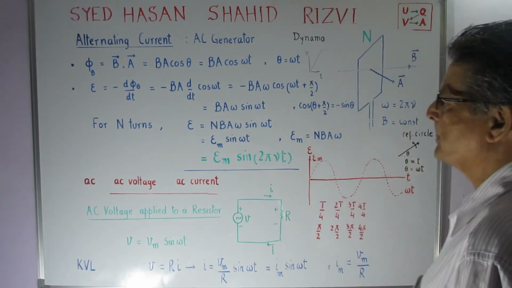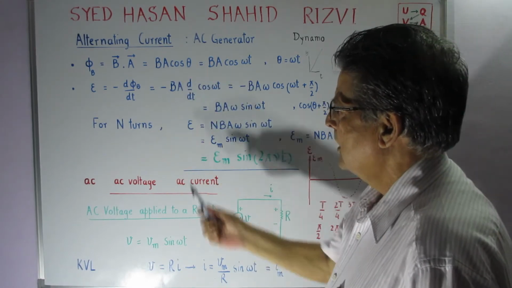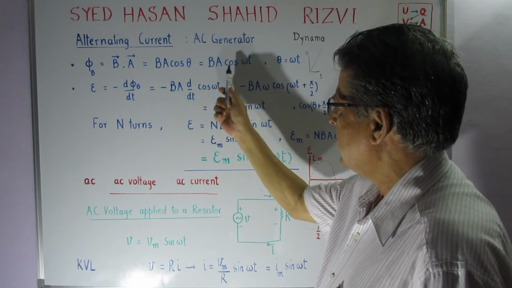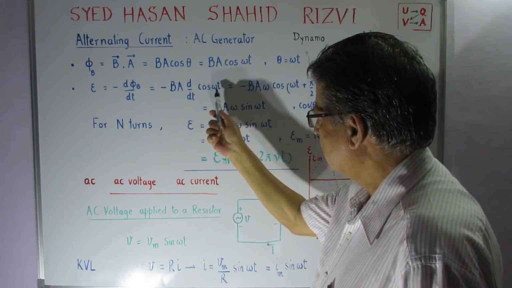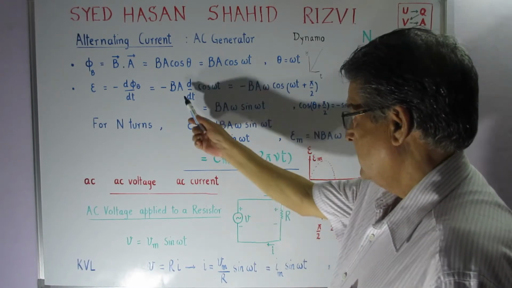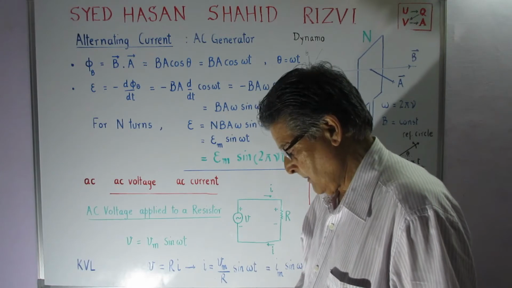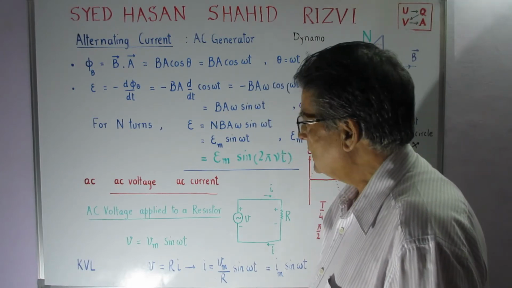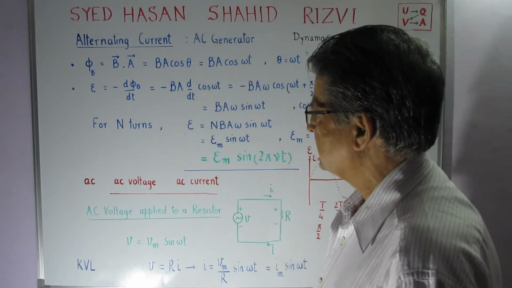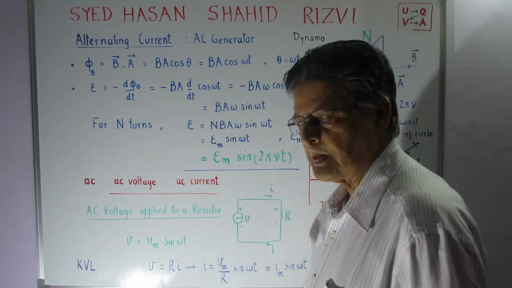So this will turn out to be equal to minus BA d by dt of cos omega t, because B and A are scalars here.